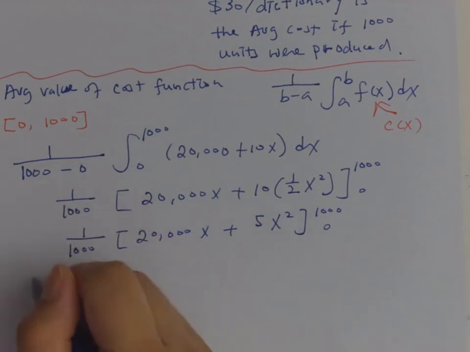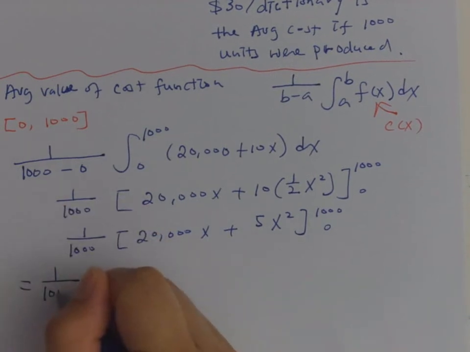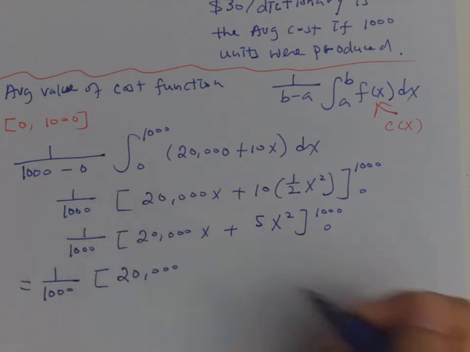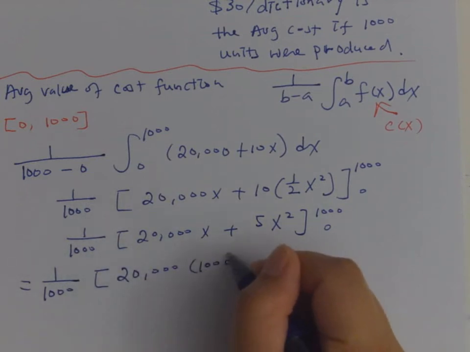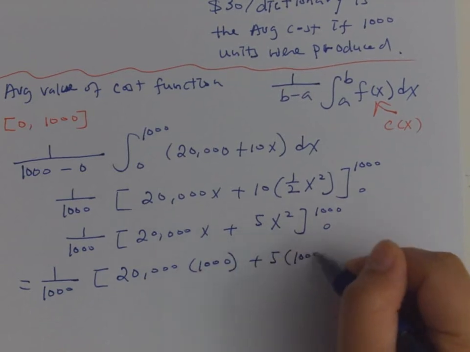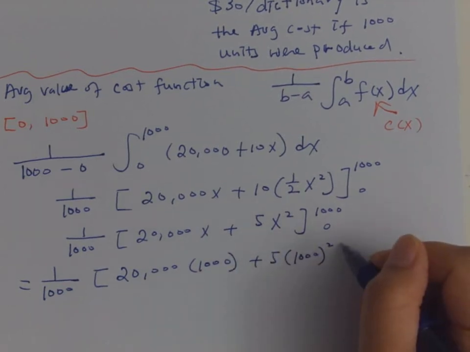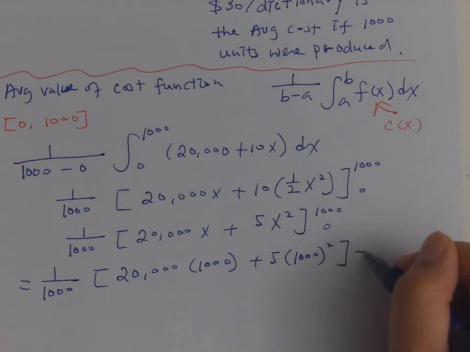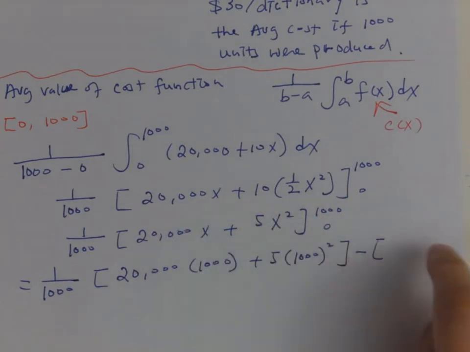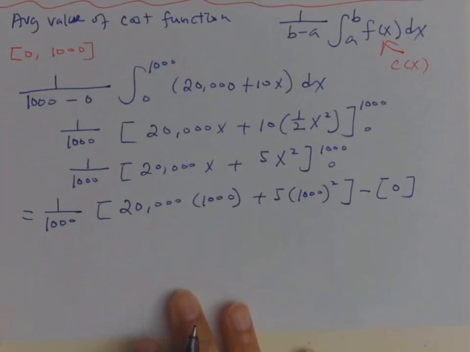Okay, now 1 over 1,000, this is 20,000 times 1,000 plus 5 times 1,000 squared, and then minus, basically the first term times 0 is 0, the second term times 0 is 0, so you're just subtracting 0 for the second part, right?